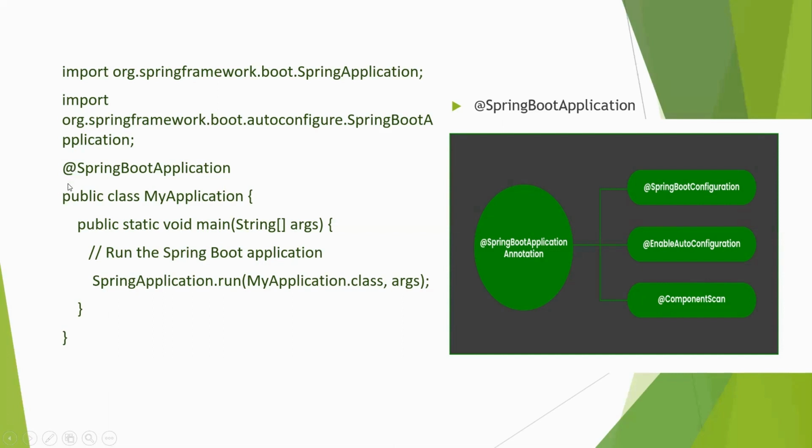See that here we enable the class level annotation, that is, @SpringBootApplication. Whenever we apply @SpringBootApplication at the class level, Spring Boot will consider this the main class of the project. The Spring Boot application by default has one run method, which takes care of running the Spring Boot application.